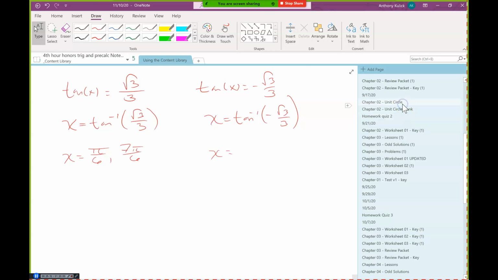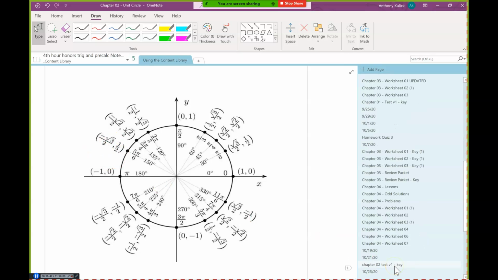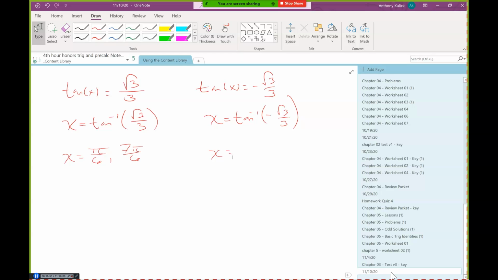So I go back and I look at my unit circle. I need a negative and a positive, so 11 pi over 6, and also 5 pi over 6. Okay with that?